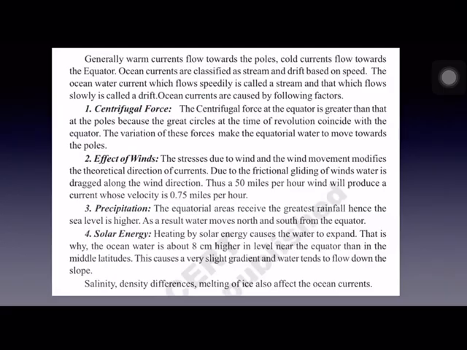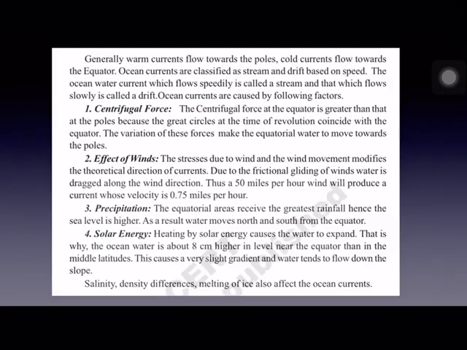And the Canary Current moves along the northwestern coast of Africa. Venezuela Current, it moves along the west coast of Africa. Now this is about the types of ocean currents based on temperature, warm ocean currents and cold ocean currents, and these are the examples.